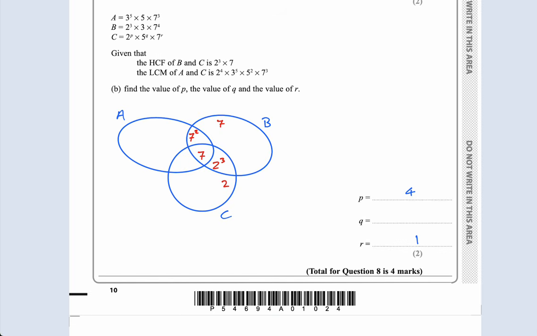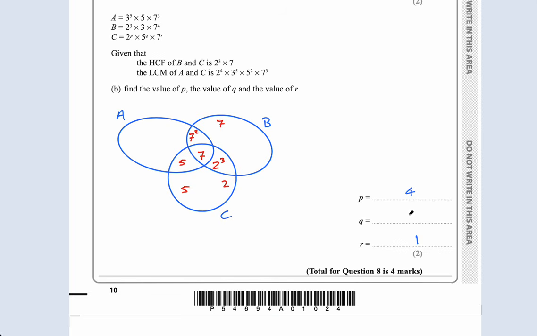Let's keep it red. 1 5 here because there's 1 in A, and I know there's definitely 1 in C. And there has to be 2 5s in A and C, so I'm going to put another 5 here. So how many 5s in C? Well, there's 2, which means Q is equal to 2.